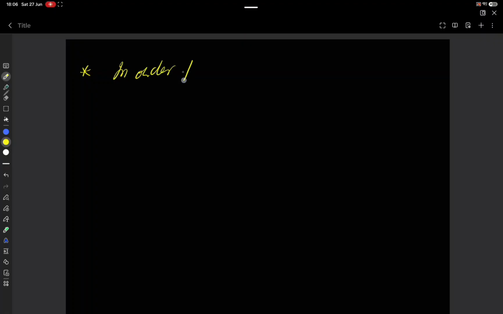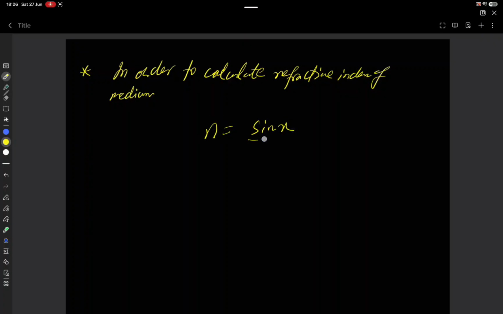Now, whenever you calculate the refractive index of a medium, be careful about sine x divided by sine y.